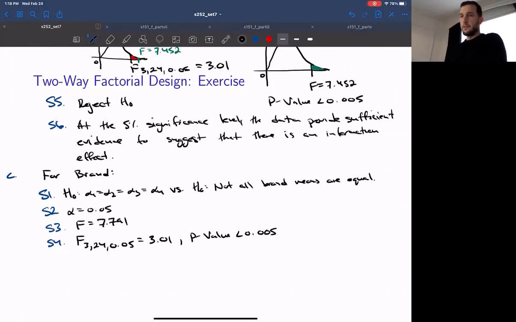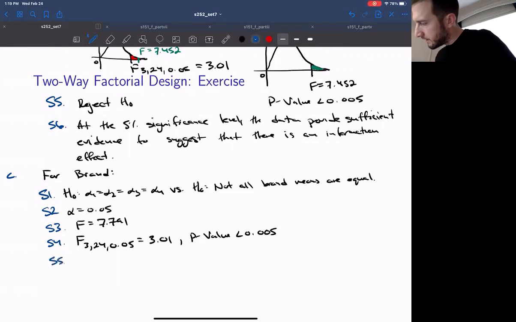To avoid confusion, the 3 used for the critical value is the degrees of freedom for the golf ball brand. It just happens that the brand and the interaction have the same degrees of freedom, but I am using the DF from the ANOVA table for the brand type in my first slot.